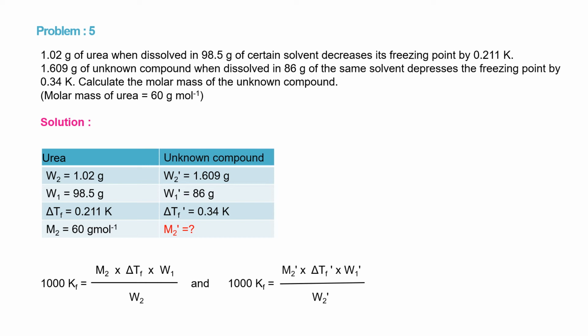Okay, this is for urea. When you add urea in that solvent, and when you add the unknown solute in that solvent, your formula rearranges to 1000 Kf, which is equal to, in place of M2 you write M2 dash into delta Tf dash into W1 dash upon W2. Now we have to put the values in.